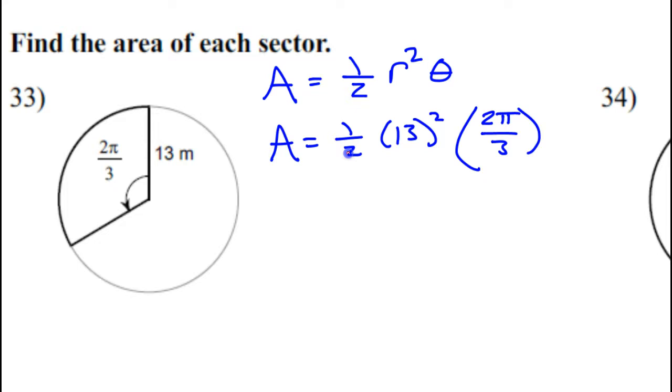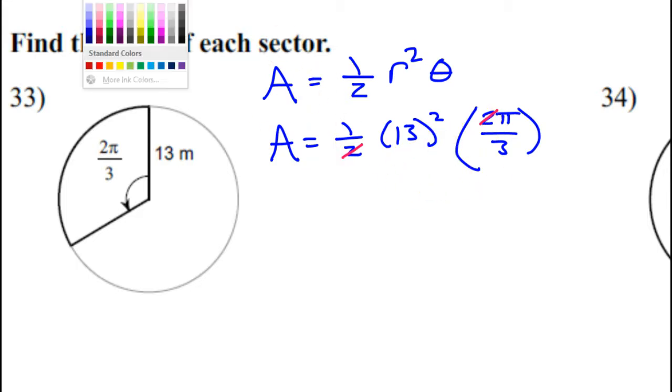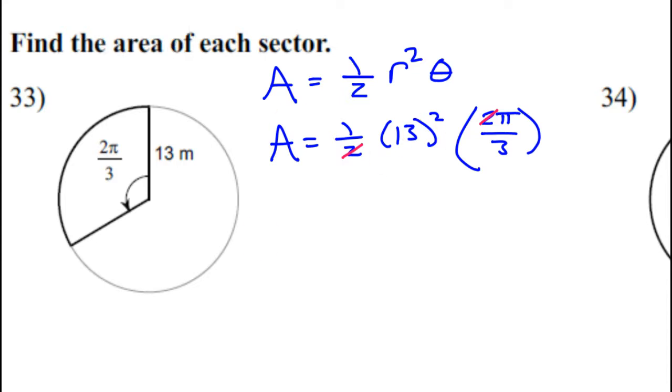See this 2 in the denominator and this 2 in the numerator? These are going to cancel each other out. You would get the same answer if you multiplied it all out and then reduced later, but in this form it's so easy to see that they cancel out. It's easier if you're clever.